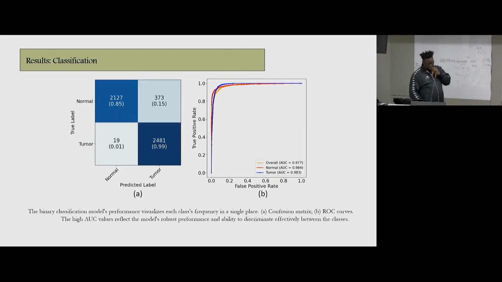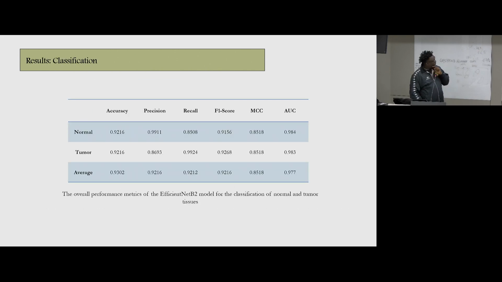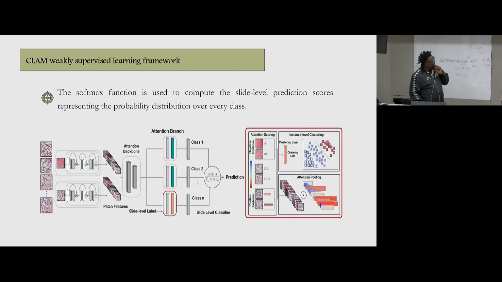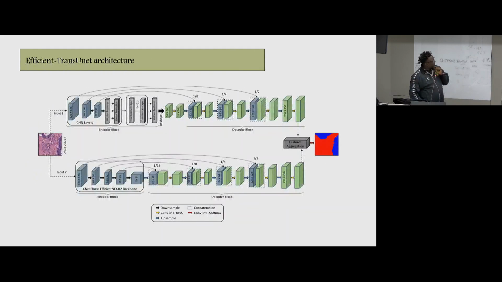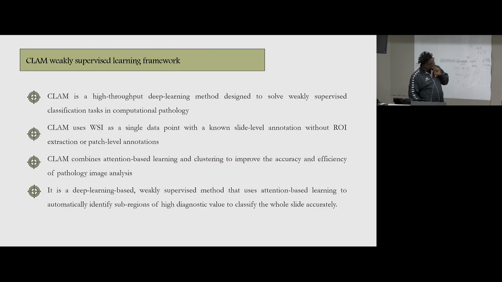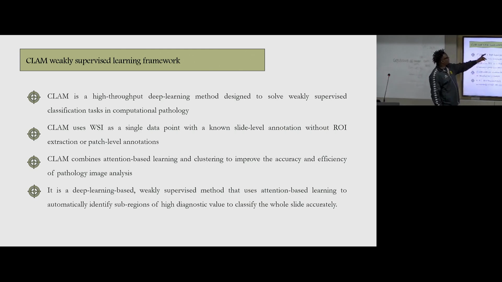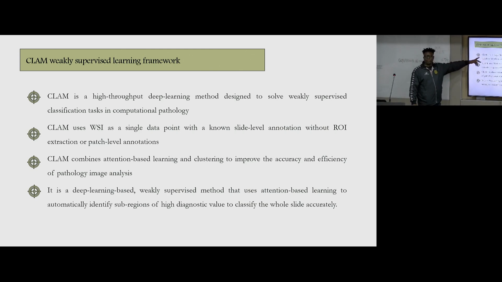So now the segmentation was done by that model, and when I give those labels now, I come here. After giving the labels, I use this one. It's closer constraint attention multiple instance learning. So this is a weakly supervised framework that already exists.